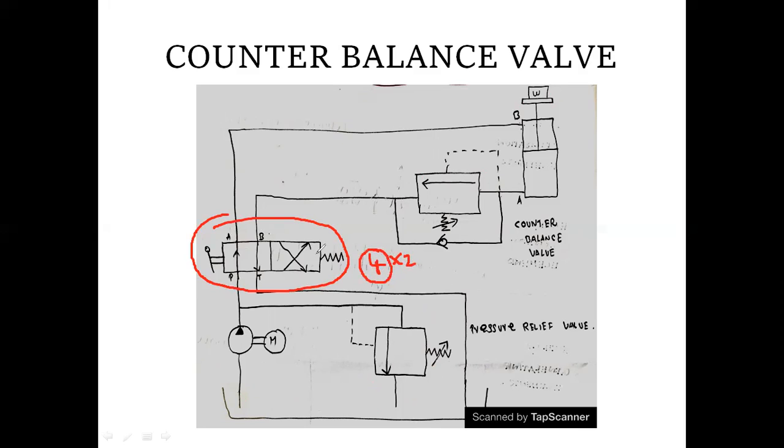It involves four ports: A, B, P, T. So this is a 4 by 2 valve, which involves four. I'm clear about it.